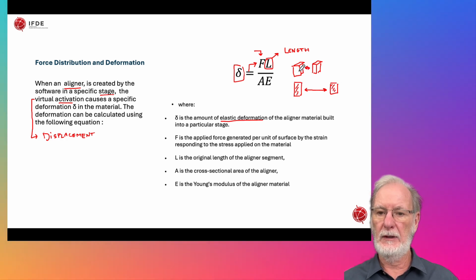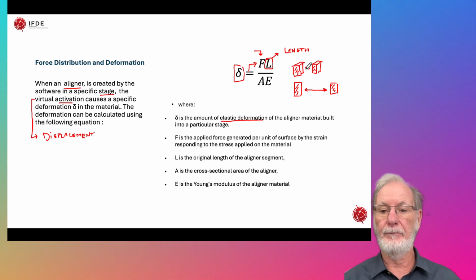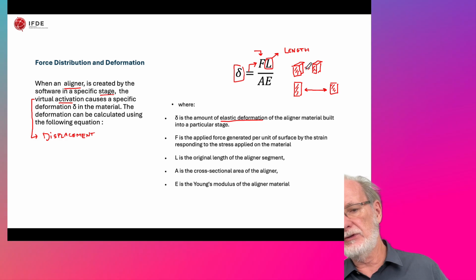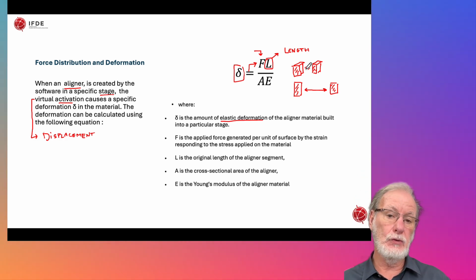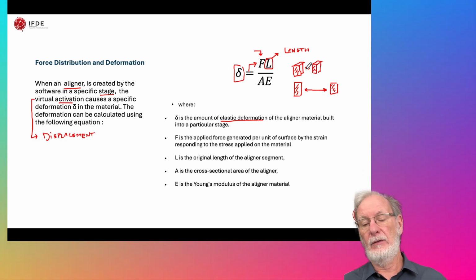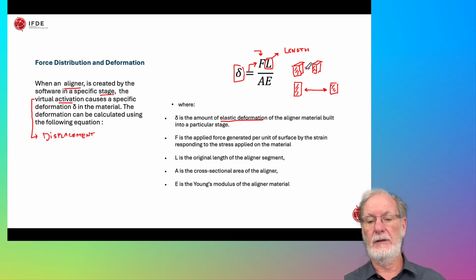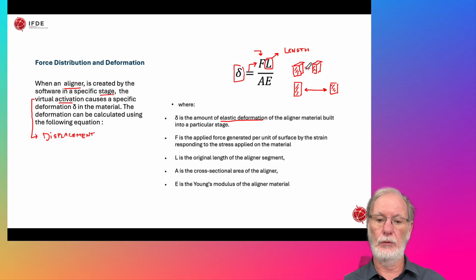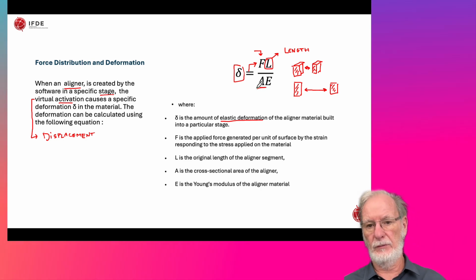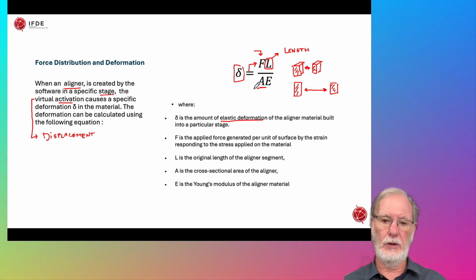People tend to put a lot of attachments, thinking that it will help the movement, which is true in a sense, but it also has a problem by removing some of the potential deformation of the material, which reduces the potential of controlled tooth movement. This is inversely proportional. This is the cross-sectional, this is basically the thickness, or when you cut the aligner.